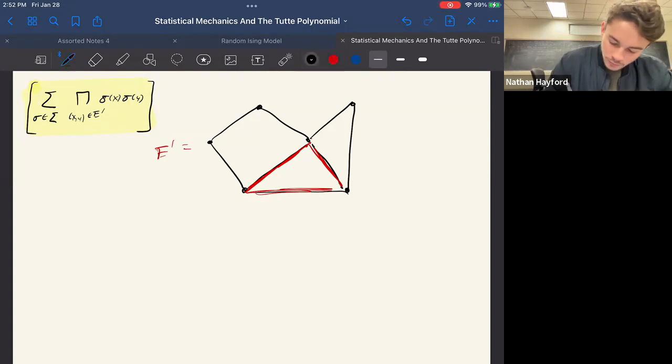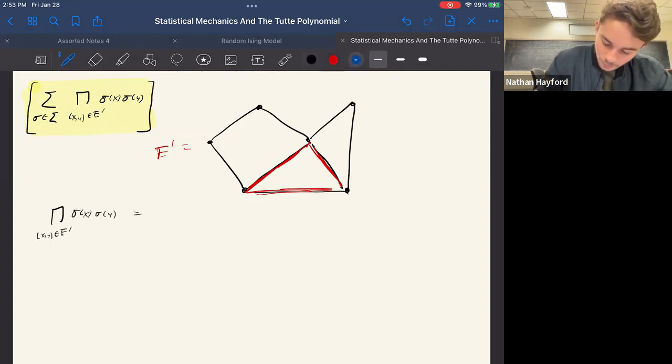So the product over all edges of sigma x, sigma y here is going to be, let's label the vertices just so we can make it a little bit more explicit. I'm going to label this one x, this one y, and this one z. So the product over all the edges is going to be sigma x times sigma y times sigma y times sigma z times sigma z times sigma x.